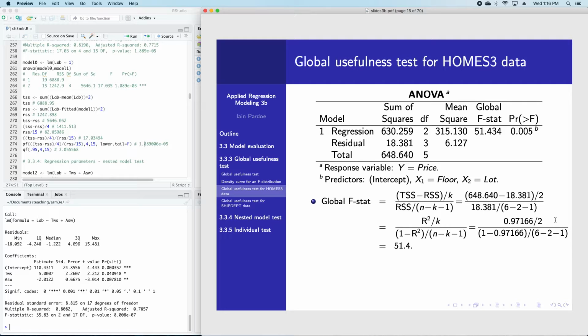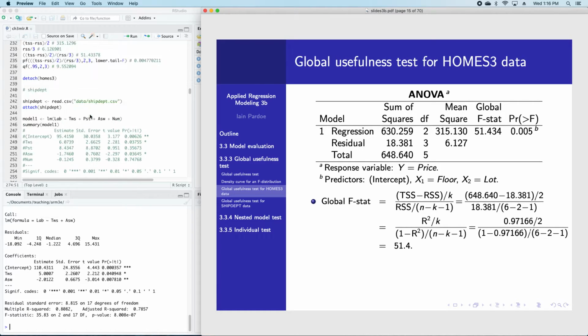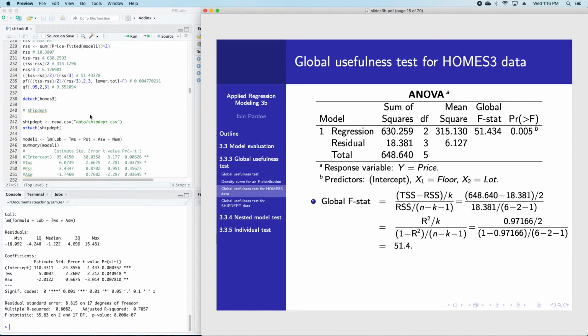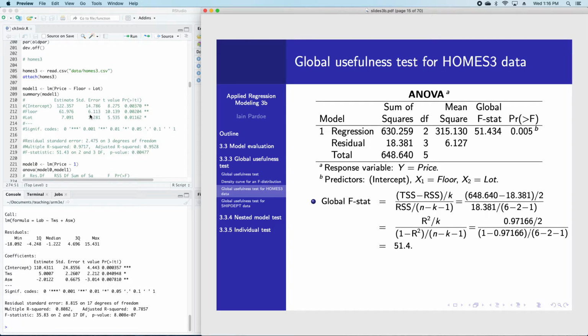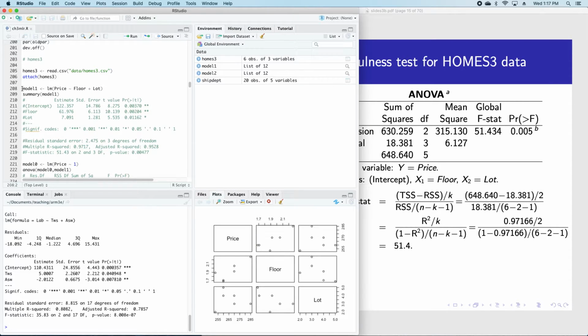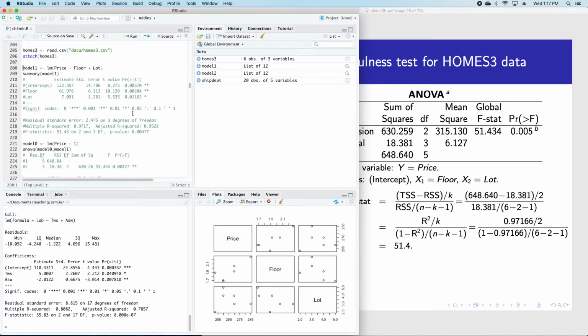So let's work through an example. We're going to look at the Holmes 3 data, the one that we've been looking at throughout this chapter. It's with sale prices modeled using two predictors, floor size and lot size. This was our model, and this was our output.